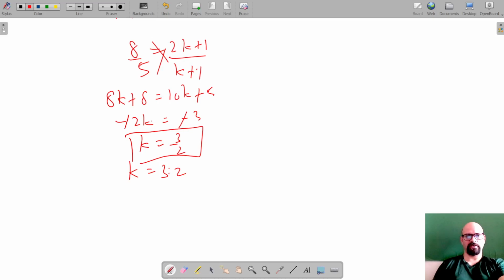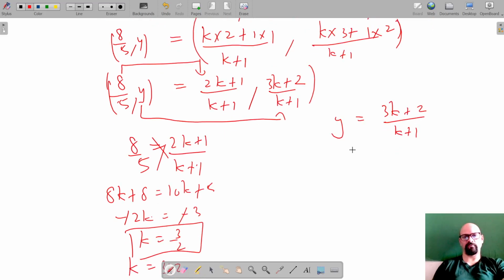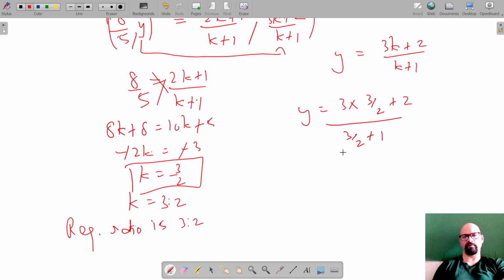Now we have to find the value of y. The required ratio is 3:2. If we have to find the value of y, let's equate the y coordinates. So y is equal to (3k + 2)/(k + 1), and y is equal to (3 into k, which is 3/2, plus 2) upon (3/2 plus 1).